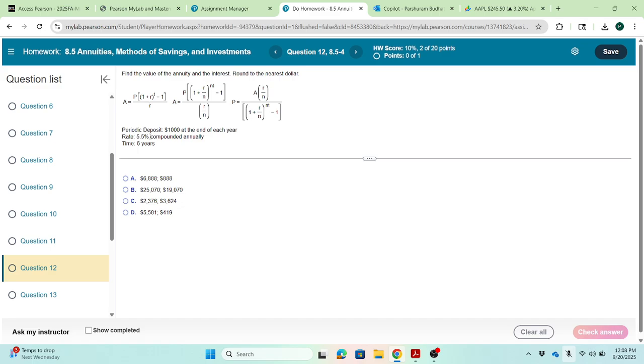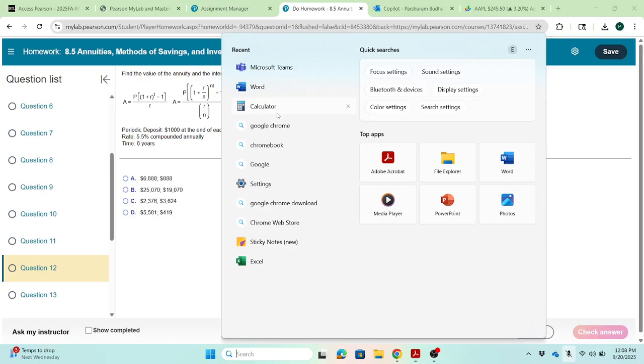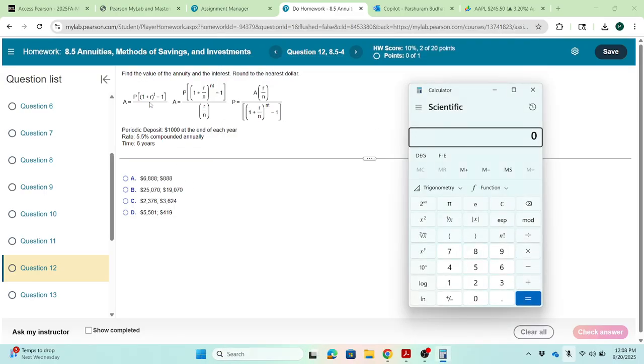The rate is 5.5% compounded annually. Time is 6 years. So just plug in P equals 1,000, T equals 6 years, and rate is 0.055, and then do the calculation. I'm going to use a calculator here. First I calculate the value inside the bracket: parenthesis 1 plus rate 0.055, close the parenthesis, take the power of time, which is 6 years, and then subtract 1. That is the value inside the bracket.